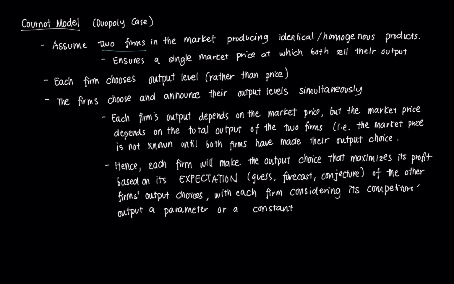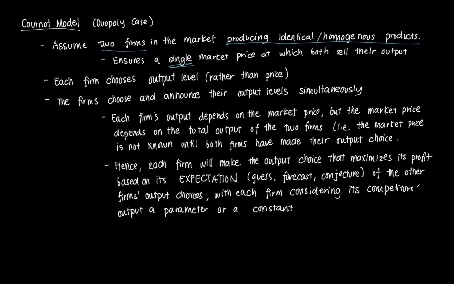These two firms produce identical or homogeneous products. Essentially, this ensures that there is a single market price at which both of the firms will sell their output, since it's a homogeneous good. Because if a firm chooses a different price, all consumers will just buy from the lowest of the two prices, since it's a two firm case, and the highest price will have zero sales because it's a homogeneous good.